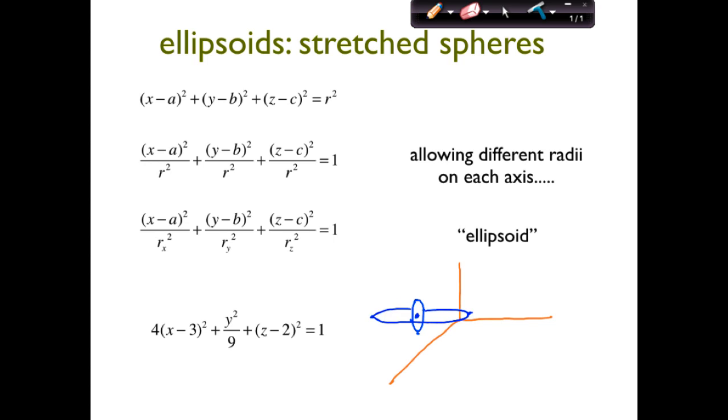And then something like that. So it's squashed in the x direction, stretched in the y direction. So it's a sphere centered at 3, 0, 2, squashed in the x direction, stretched in the y direction. And that's the center. The center is 3, 0, 2.